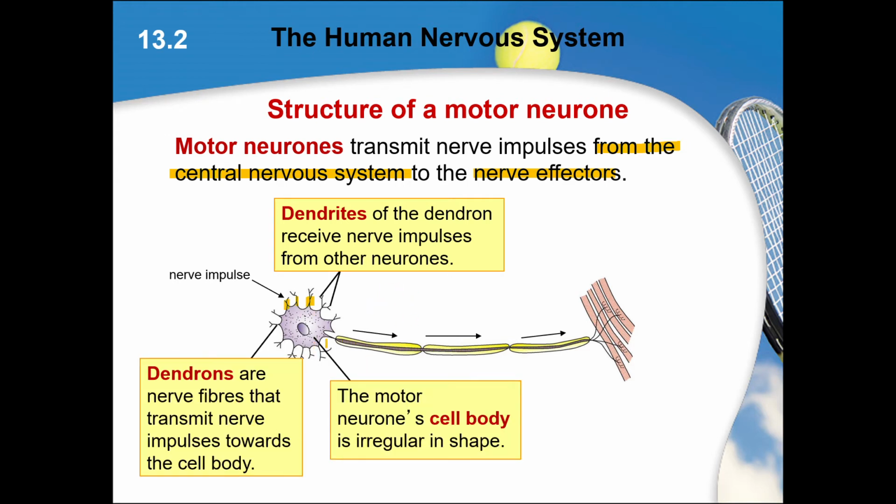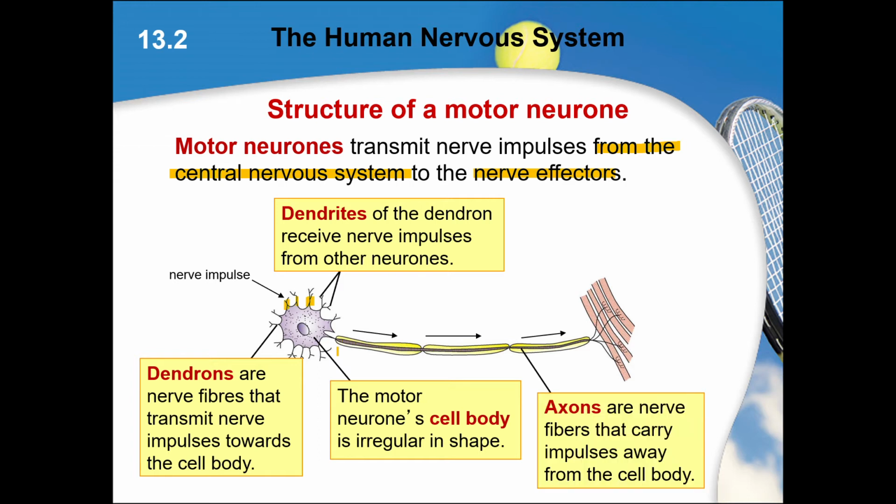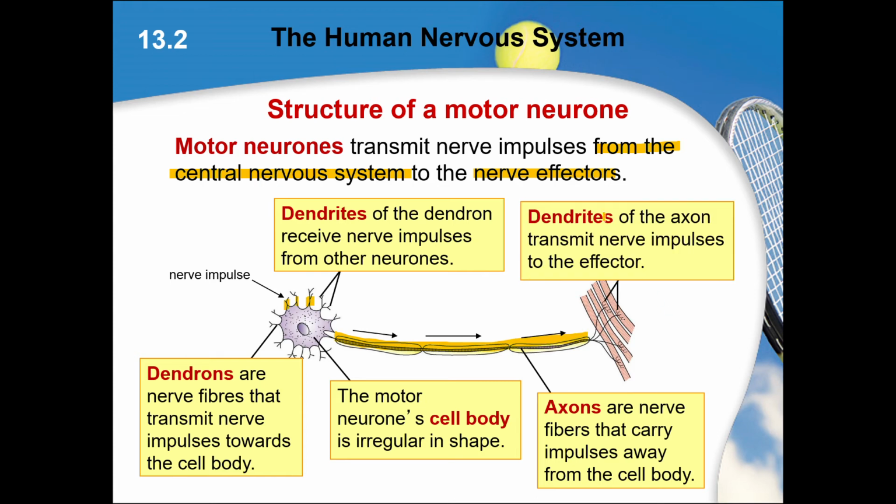Okay. Now the cell body here, you can see it's irregular in shape, unlike that of the sensory neuron, whose cell body is very regular. So that's another difference you can take note of. And now we have got the axons being very long, and they are the nerve fibers that actually carry nerve impulses away from the cell body. You can see that it's super long. Okay. And finally, the dendrites of the axons. Now I need all of you to change this because it's super misleading.